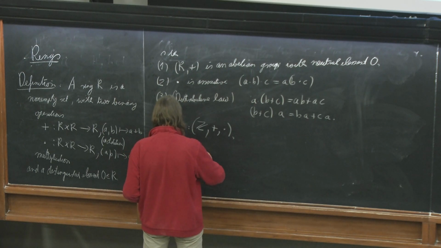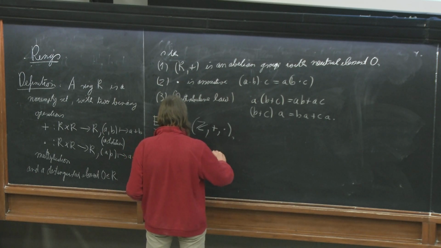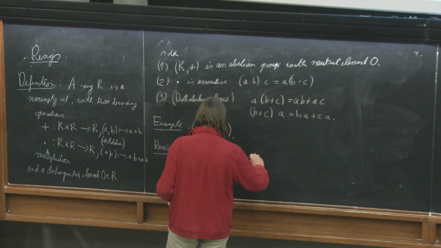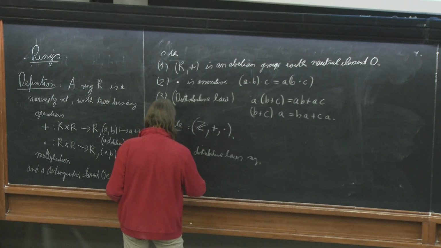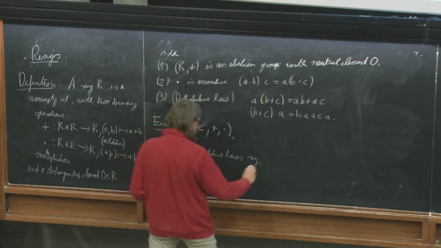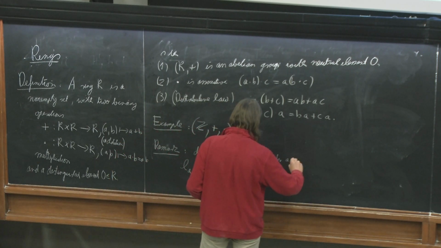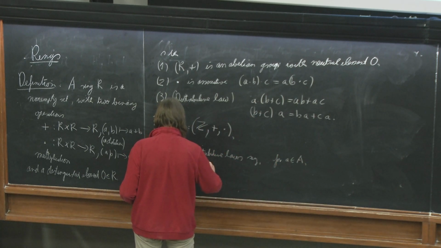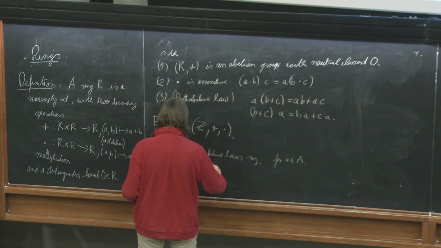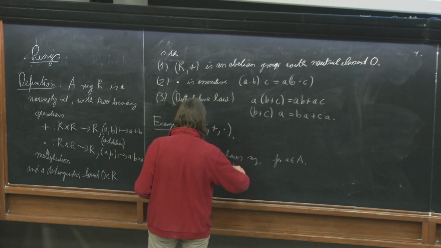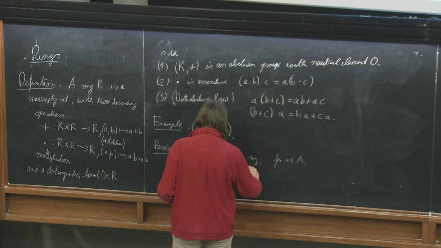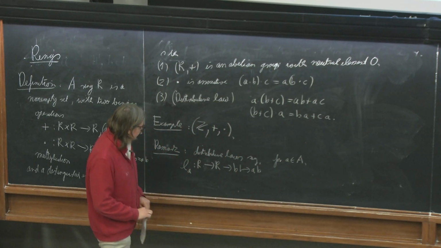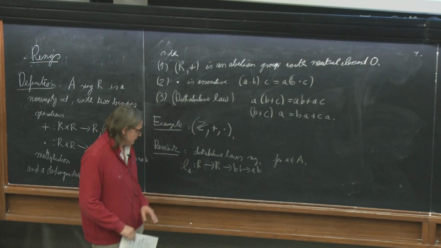The distributive laws say that if I take the left translation by an element A, from R to R, which sends B to A times B, this is a group homomorphism for R with addition.